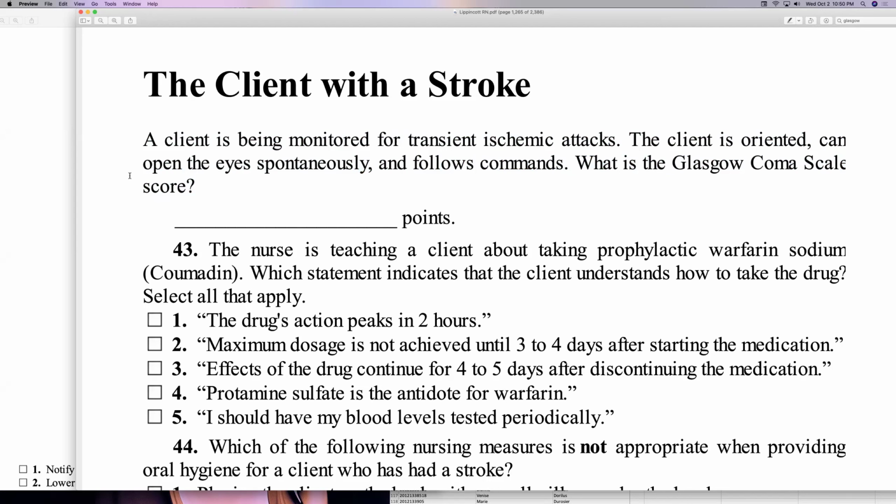What is the Glasgow Coma scale score? 15. Yes, you don't even need the scale because he's normal. What more normal can you be if you're oriented, you open your eyes on your own and you follow commands? He's a 15. Very, very good.